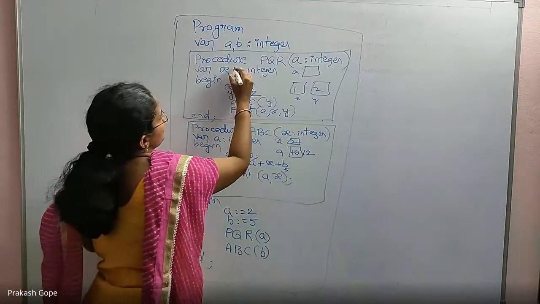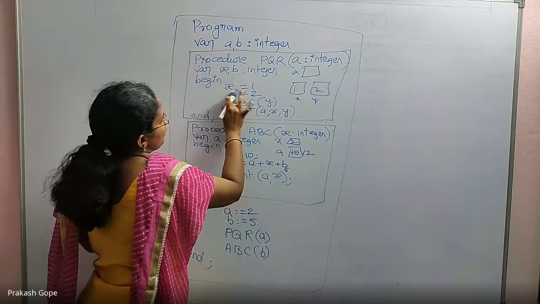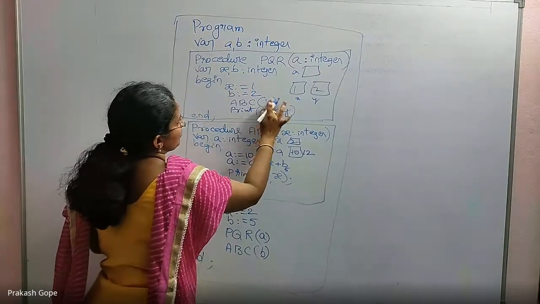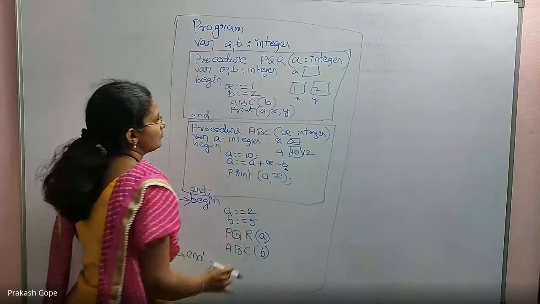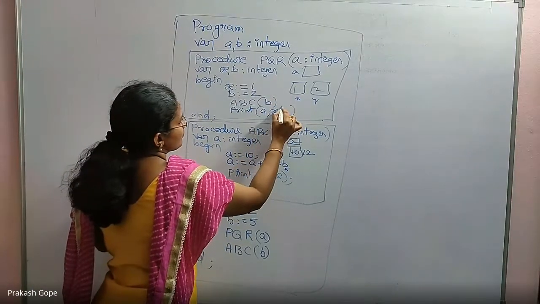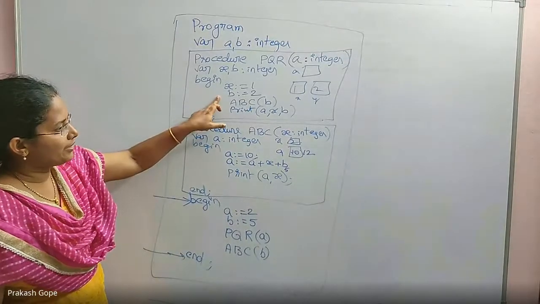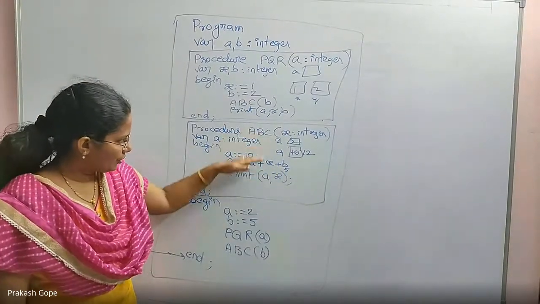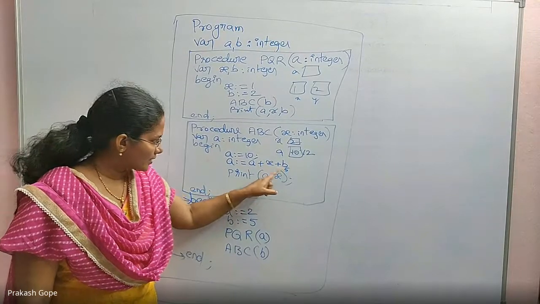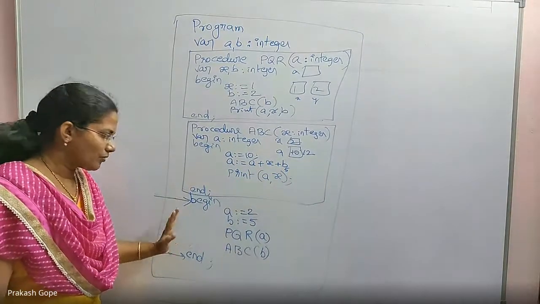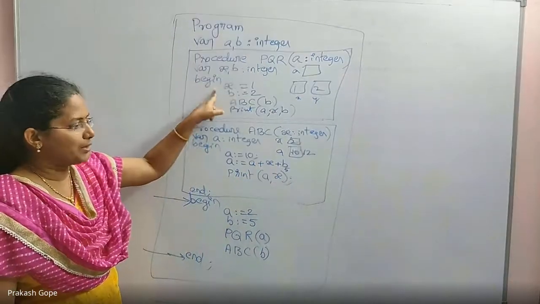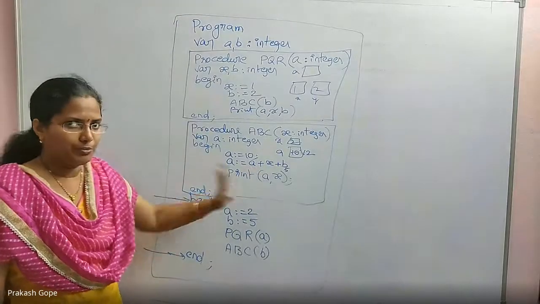I set B here, B value is 2. And I am passing B. Though I have B here, when I am executing this one, I access the B value from the outer block, which is the global program. I didn't use this B. I used the global program's B.